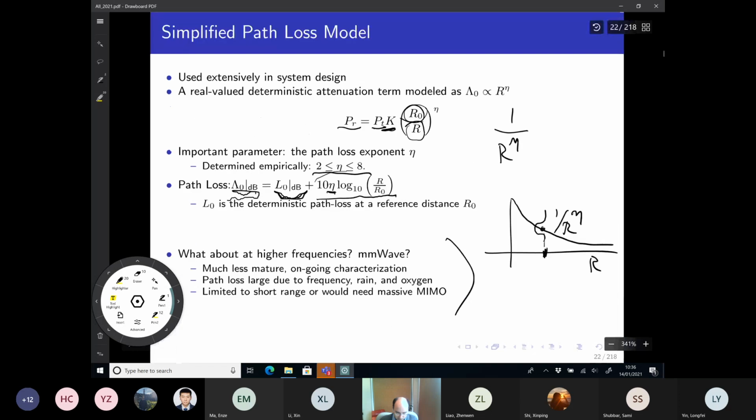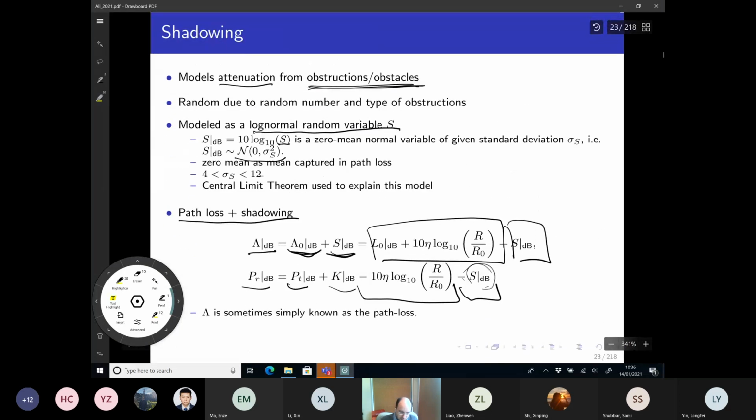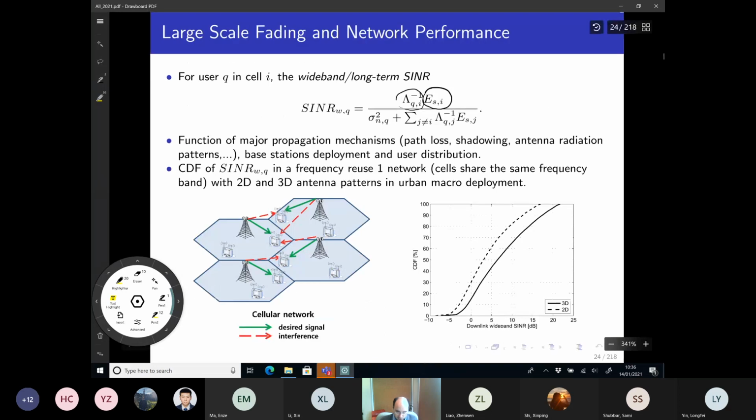If you take it in the natural scale, you're going to have this quantity here: 1 over, there's a minus because the lambda is essentially proportional to r to the eta. So lambda to the minus 1 will be 1 over r to the eta. And then additionally, you have the shadowing. We'll have some more expression of this later on.